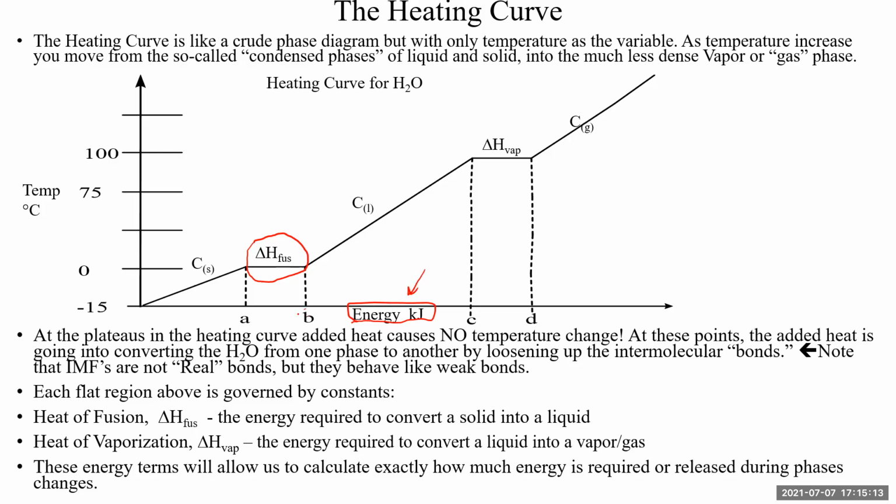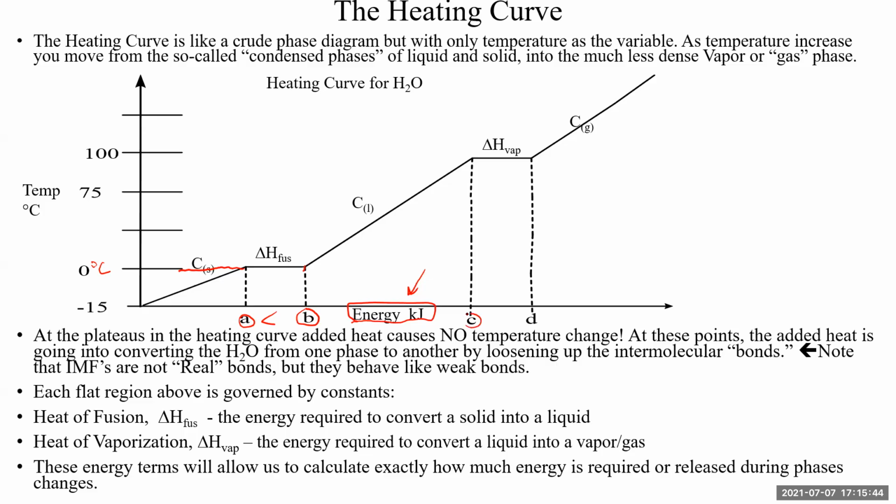So the energy of point B is higher than the energy of point A. The substance has absorbed more energy at point B than at point A, or is holding more energy at point B than point A. Nevertheless, points A and B are at the same temperature, in this case, 0 degrees Celsius. This is water, and so 0 degrees Celsius represents the freezing point of water at normal atmospheric conditions.